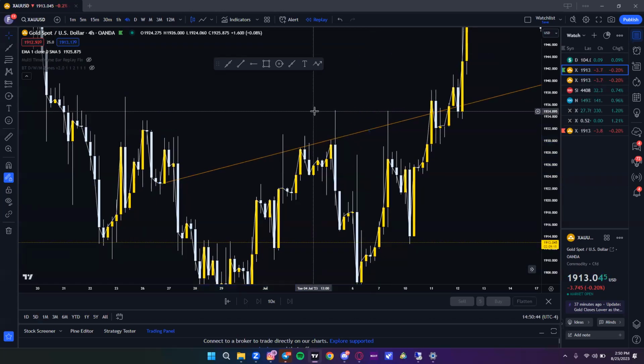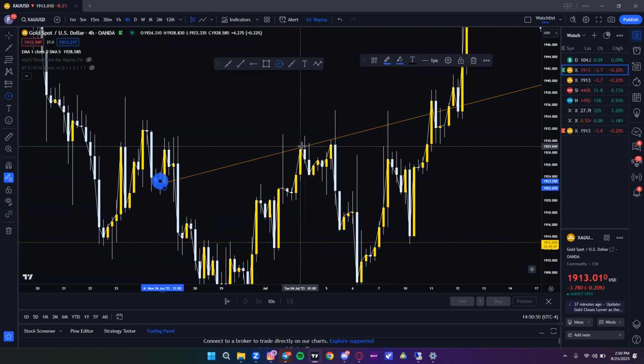Yes, very good. So you can see right here, point 1 is not equal to point B is not equal to point C, but it's still a completely valid trend line. You're allowed to use that one.